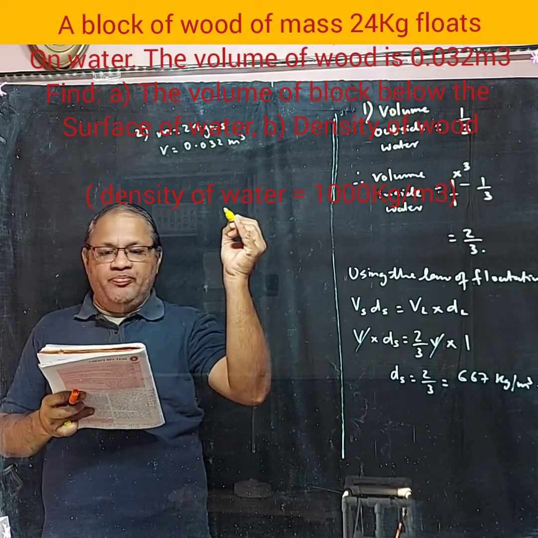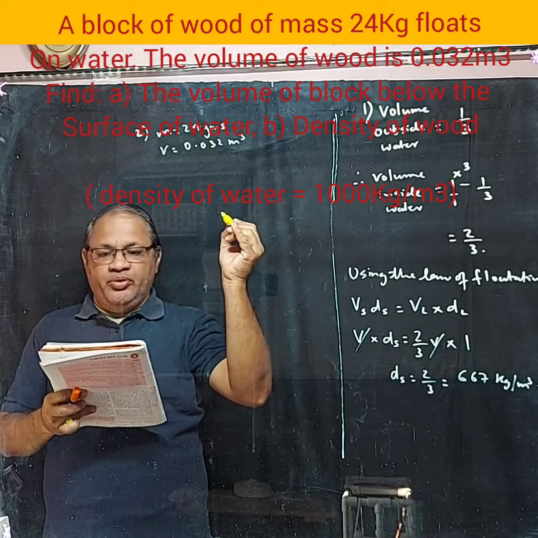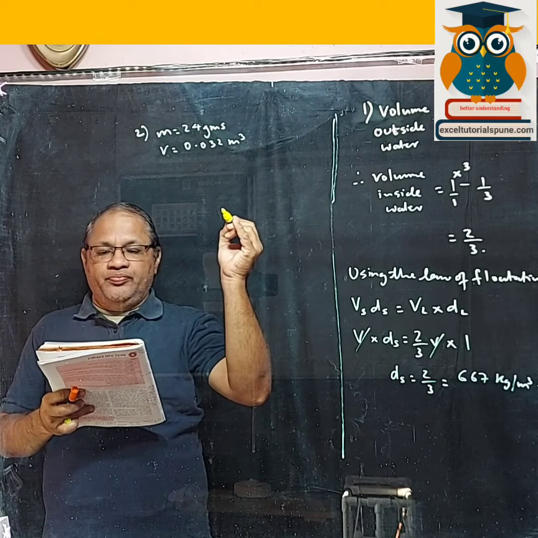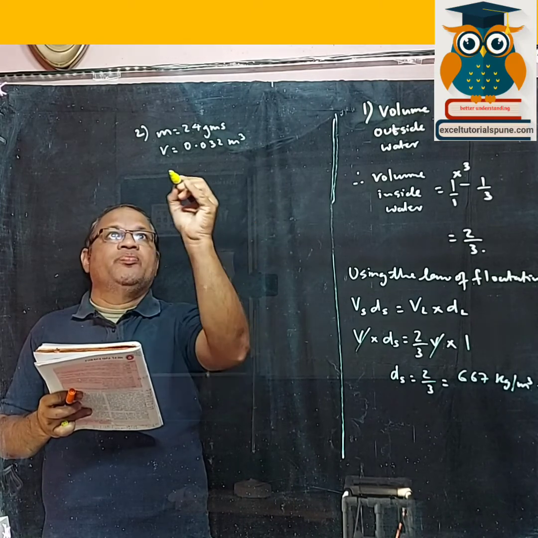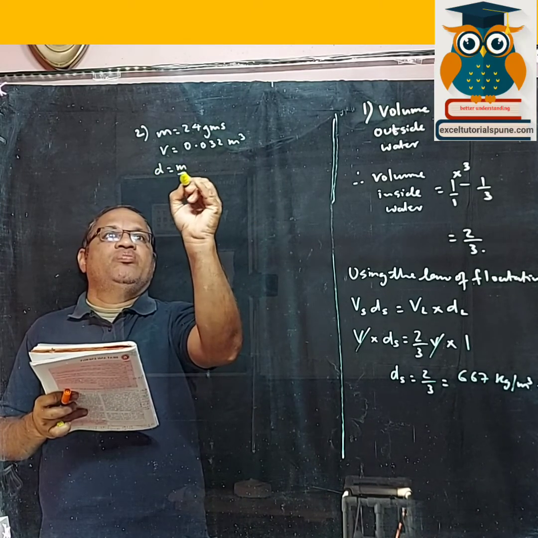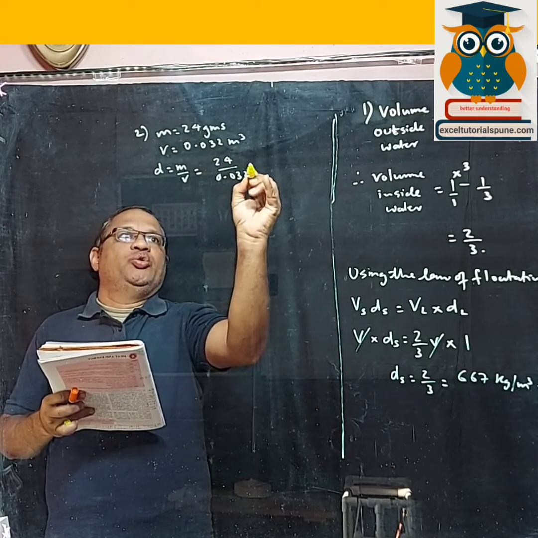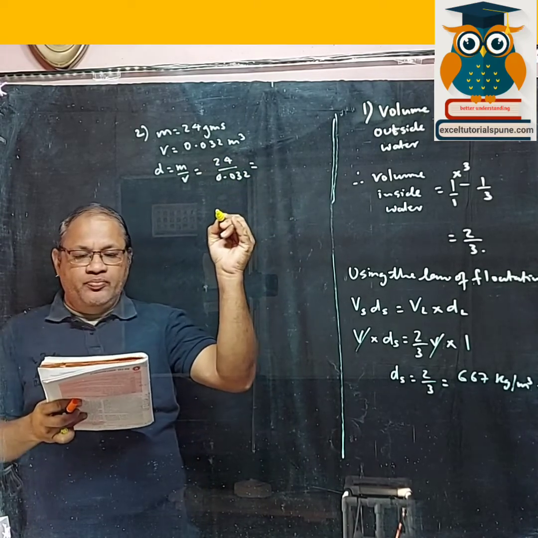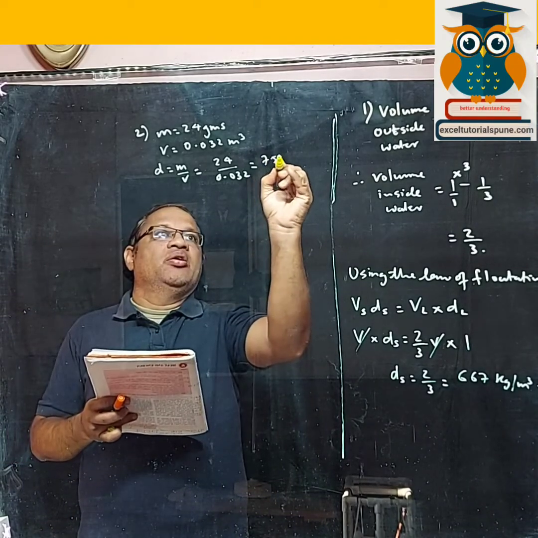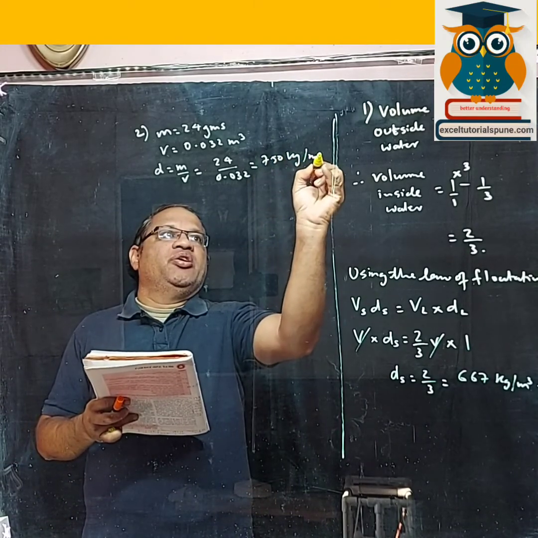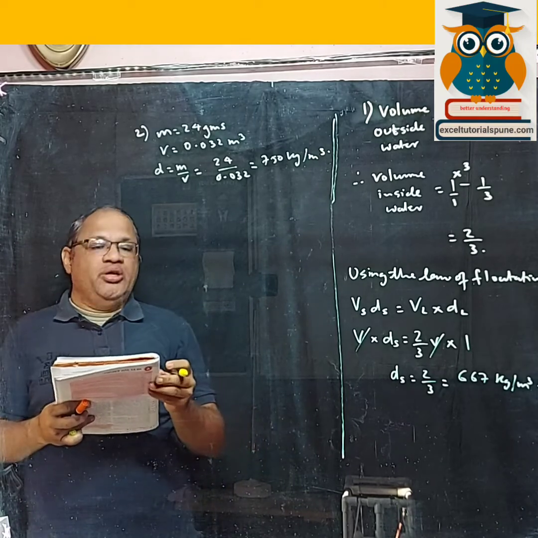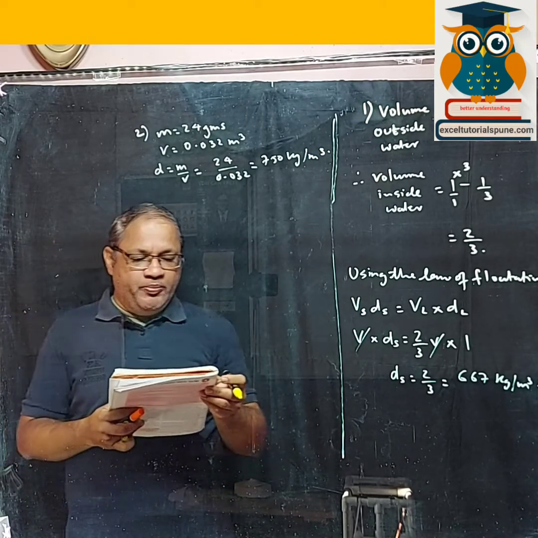You can find out the density, which is equal to mass upon volume, 24 upon 0.032, that comes to 750 kg per meter cube. So you got the density of the wood.